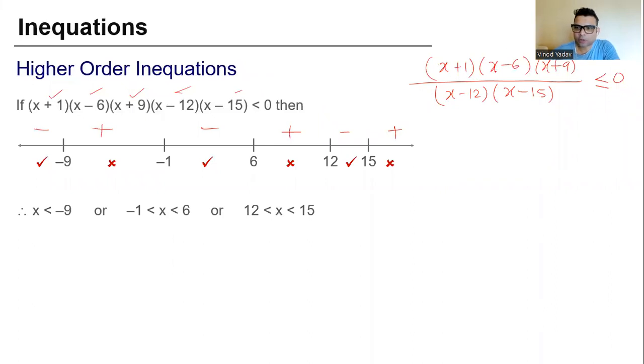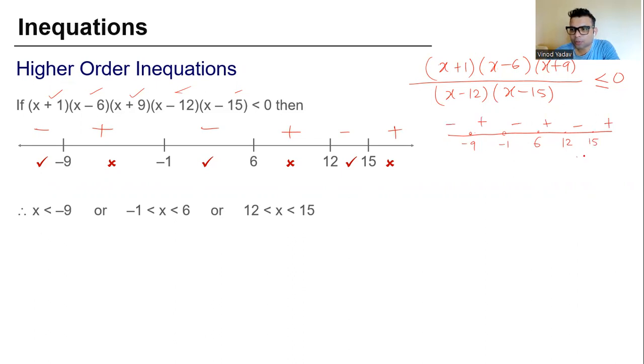First 3 steps are sorted, you can check. RHS is 0, left hand side is in factorized form, there is all product or division only. Coefficient of x is positive throughout. Plot the roots. Every term will be equated to 0 while plotting the roots. So -9, -1, 6, 12, 15. Same thing, then plus, minus, plus, minus, plus, minus.